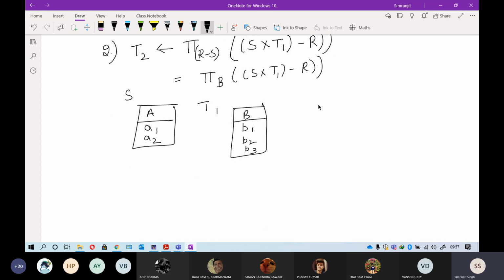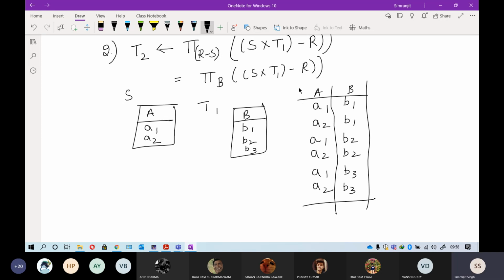You have to cross multiply it. B1 with A1, A2, then B2 with A1, A2, then B3 with A1, A2. So this is your main relation you got.